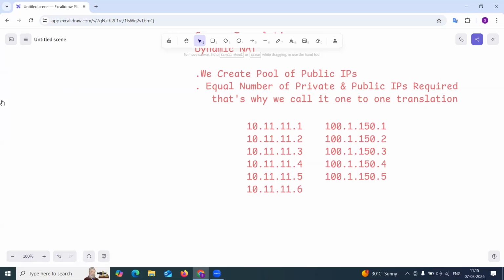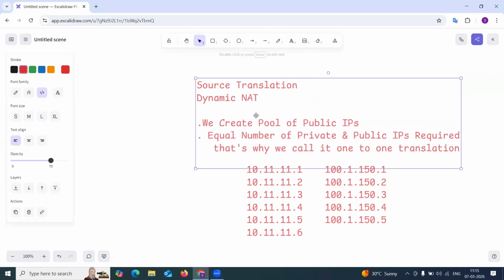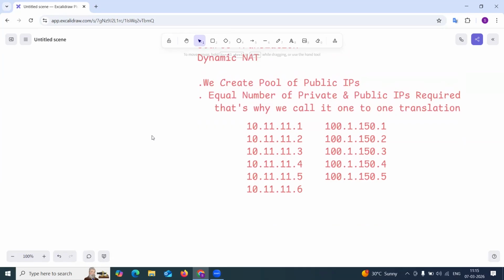Now understand here. Here you have to understand two things, guys. One is dynamic, another is NAT. Dynamic means it will keep changing.